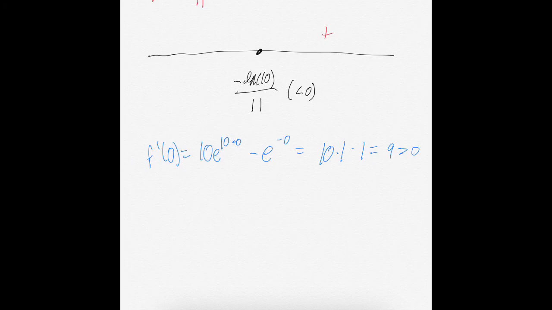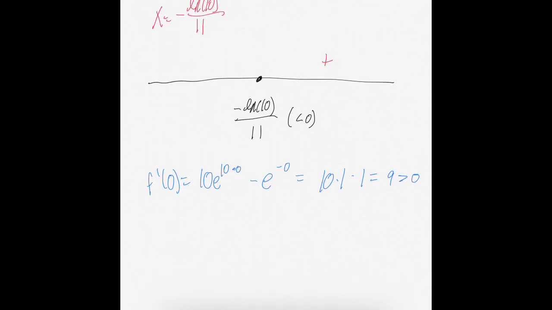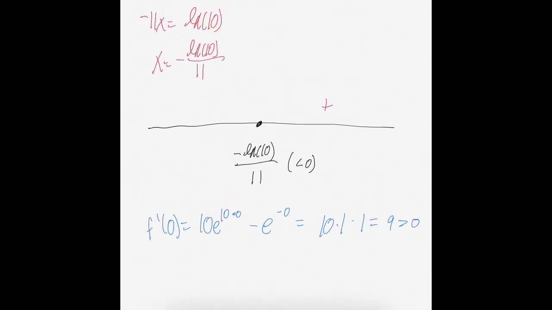So this is just 10 times 1 minus 1, and that's 9, which is greater than 0. So the function is increasing to the right of negative ln 10 over 11.